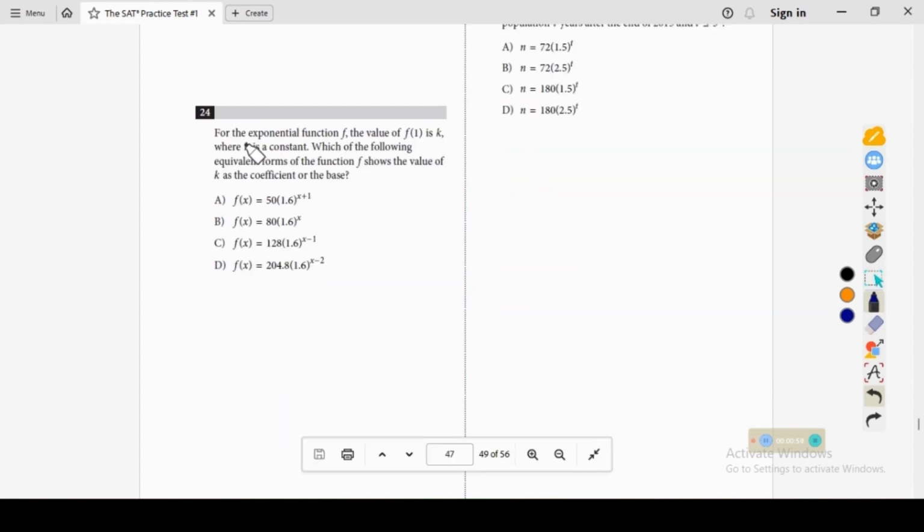In question number 24, for the exponential function f, the value of f of 1 is k. It means f of 1 is equal to k, where k is a constant. Which of the following equivalent forms of the function f shows the value of k as a coefficient or base? So when x is 1, then the value of k must be a coefficient or base of the equation. Let's see.